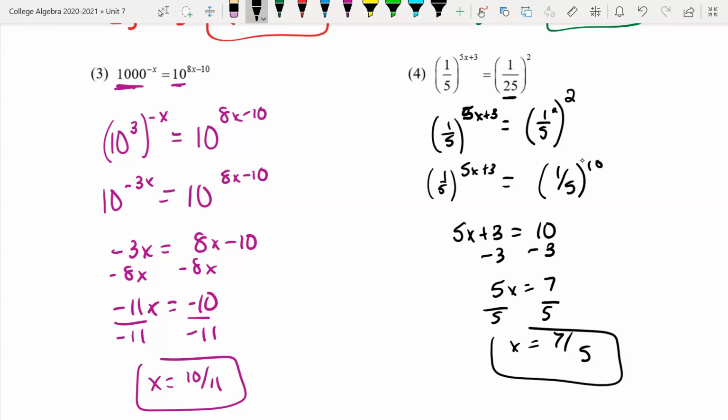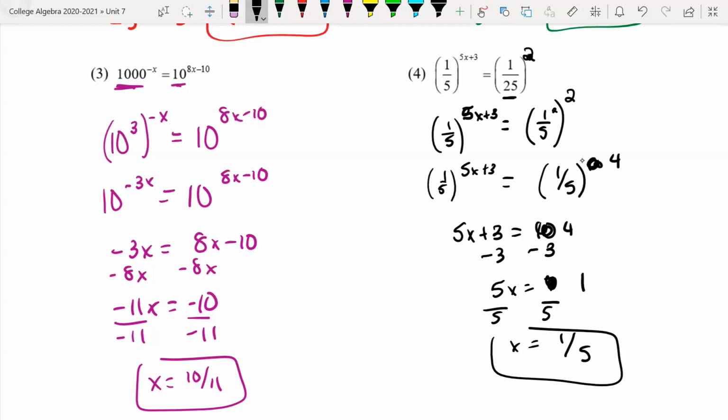I don't know why I wrote 10 there. This should be a 4. I'm sorry, guys. I must have thought that was a 5 right there. So it's a 2 on the exponent, so let me go back and fix that. So that'd be 4. 4 minus 3 gives me 1, so it should be 1/5. There we go. My fault on that.